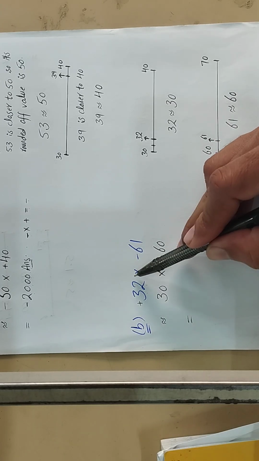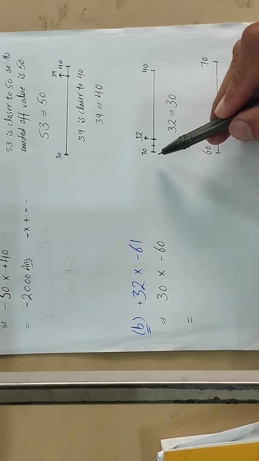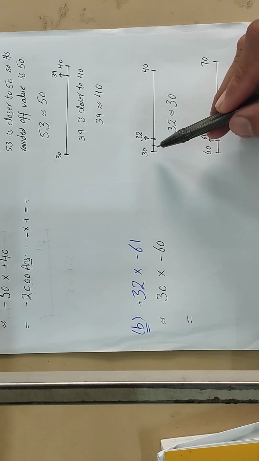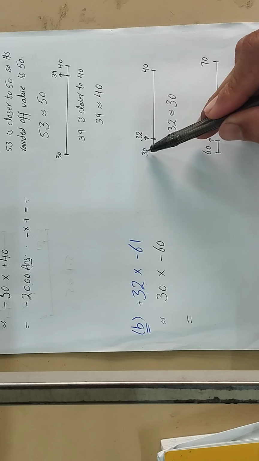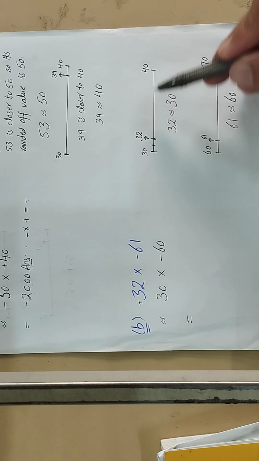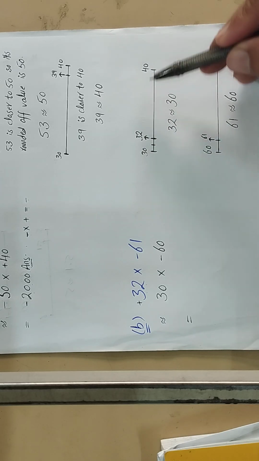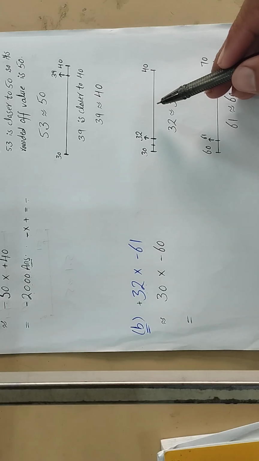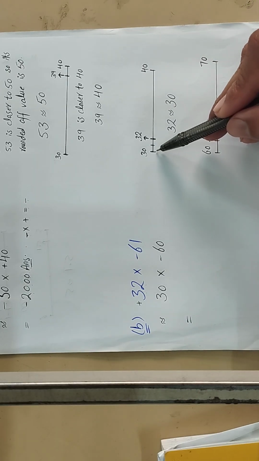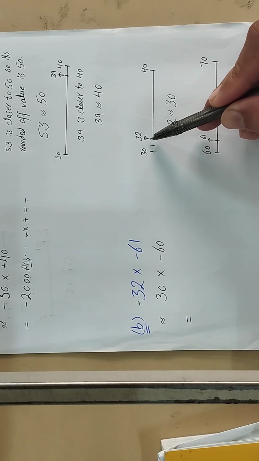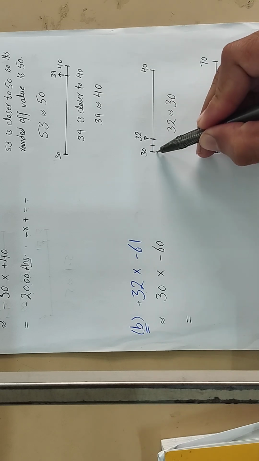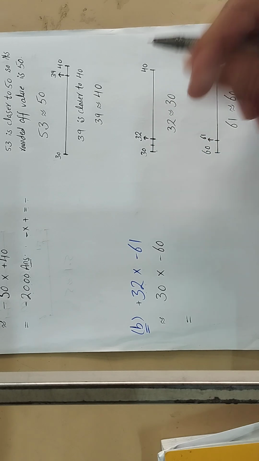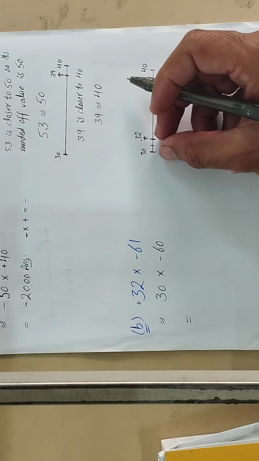Now let's round off 32. For that, see on this number line, 32 is between which two numbers? We all know that 32 is between 30 and 40, between these two tens. Clearly 32 is closer to 30 as compared to 40, because there is a smaller gap between these two numbers.